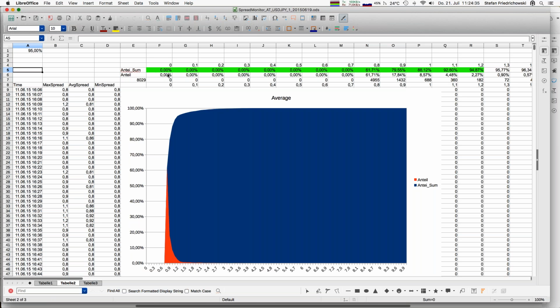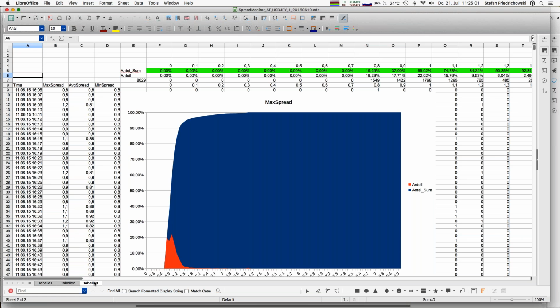But I personally do not go for the average value, because I mentioned already that the spread might kick you out of a trade. And that happens already with the maximum value. So it might be only one time that you have huge spreads, but even that one time can kick you out of the trade. Therefore, I do that kind of calculation for the maximum spread and not the average spread.